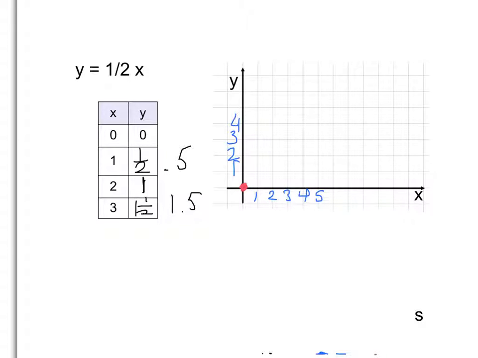1, 1/2. My point is x is 1, and I go up to half on the y-axis. Simple enough. 2, 1. That's also decently simple. Pretty easy to find. And 3, 1 and 1/2.